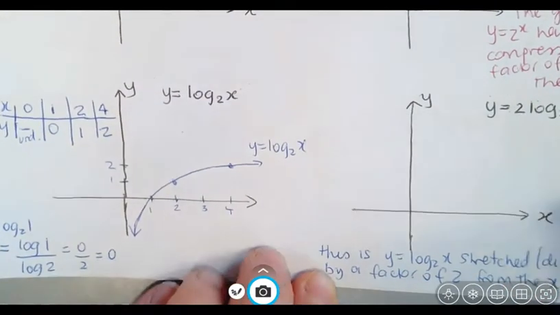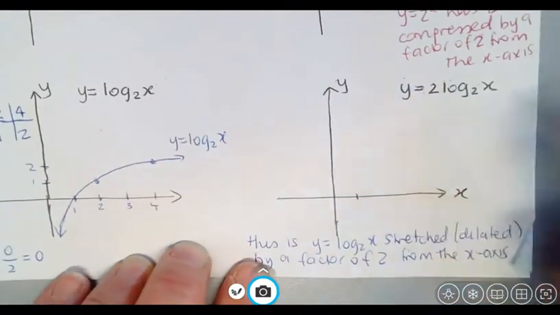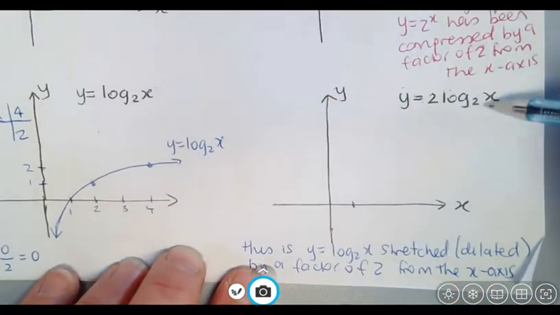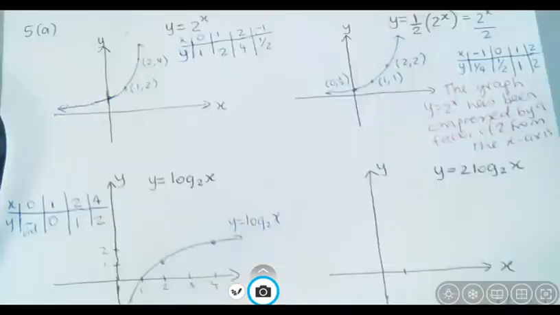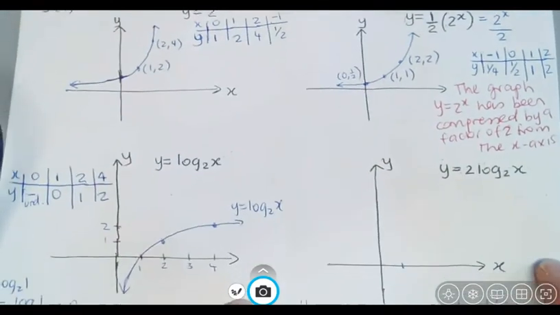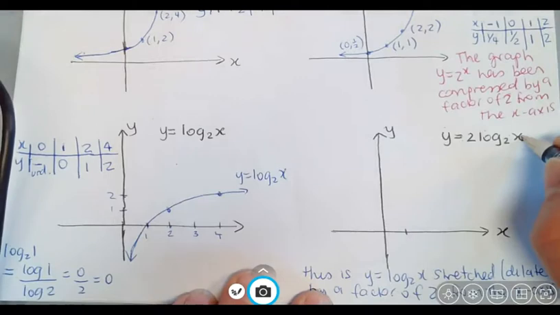So you don't need to do a table of values, okay? So before, when x is 0, we know we've got undefined.